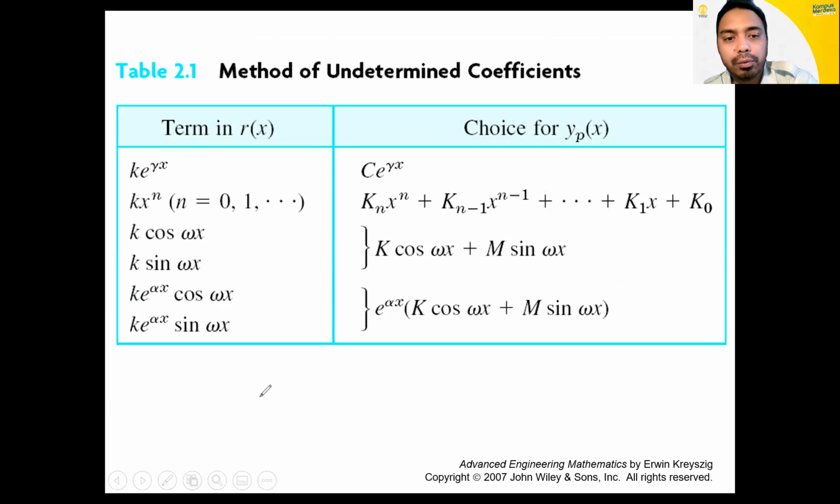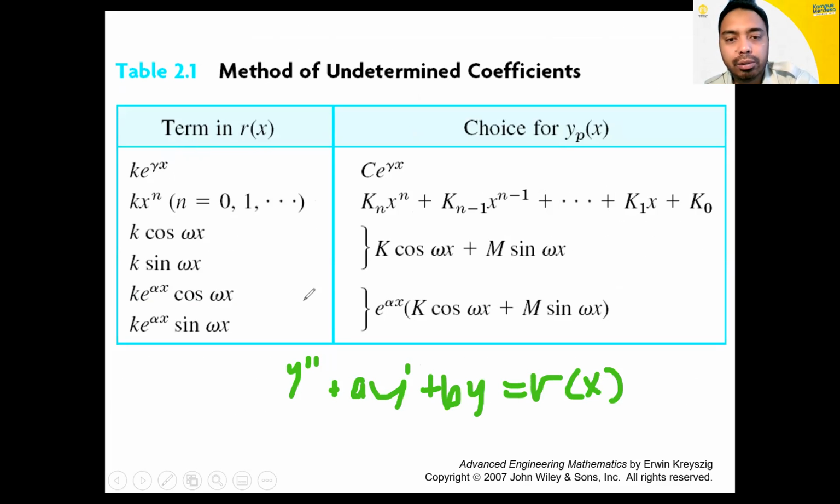So if you have y double prime plus a y prime plus b y equal to R(x), for example, the solution will be based first on the homogeneous solution, meaning equating this to 0.